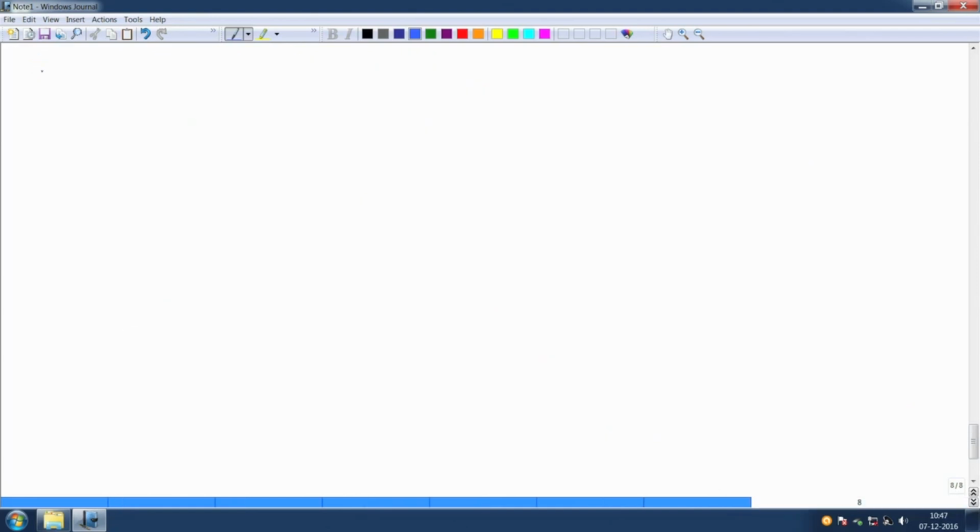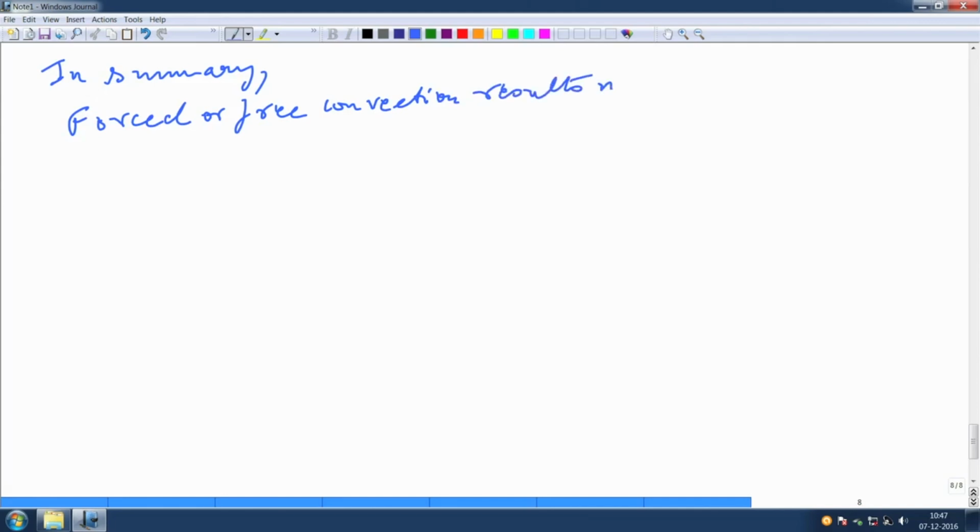So, in summary, you have to do a summary. Okay. Forced or free convection results in significant deviation from your d square law.